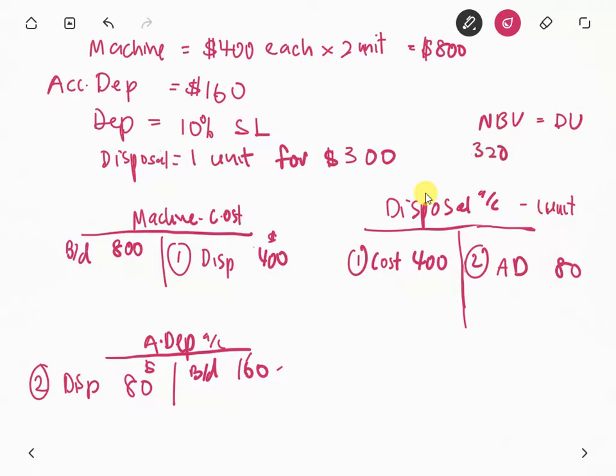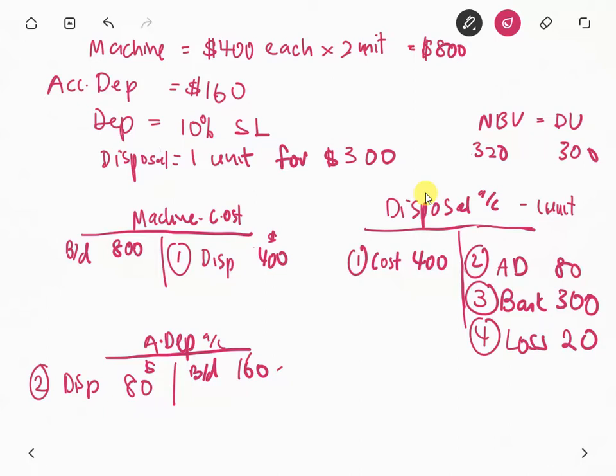Net book value is 320, and I sell it for how much? 300. Debit bank, receive money. Credit my disposal. So I make a loss here: 400, 380, balancing is 20. It's a loss. Meaning our net book value is 320, I sell at 300, I make a loss. Still an inflow of 300.